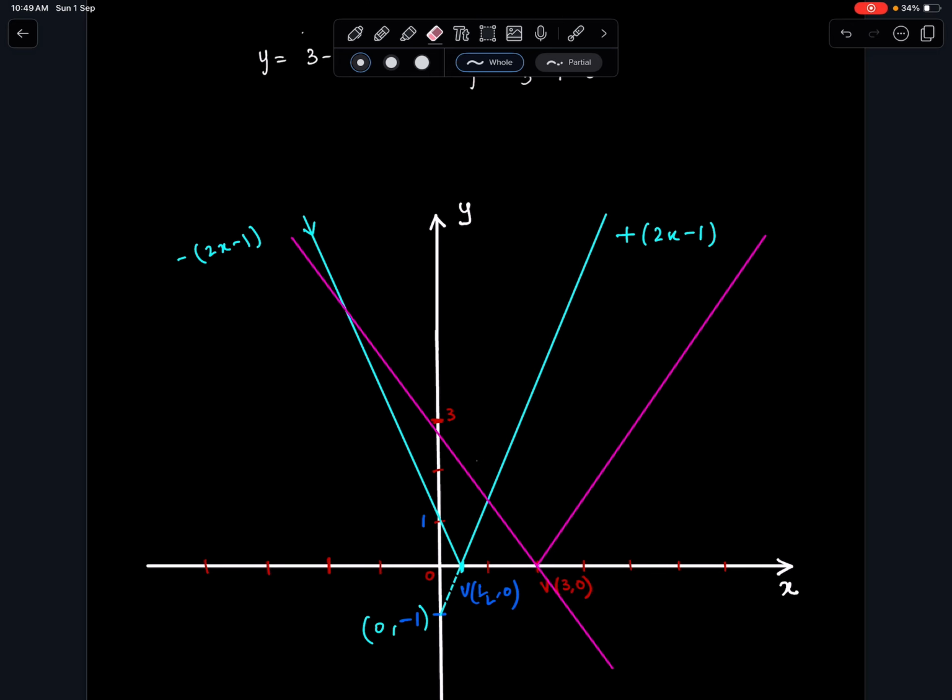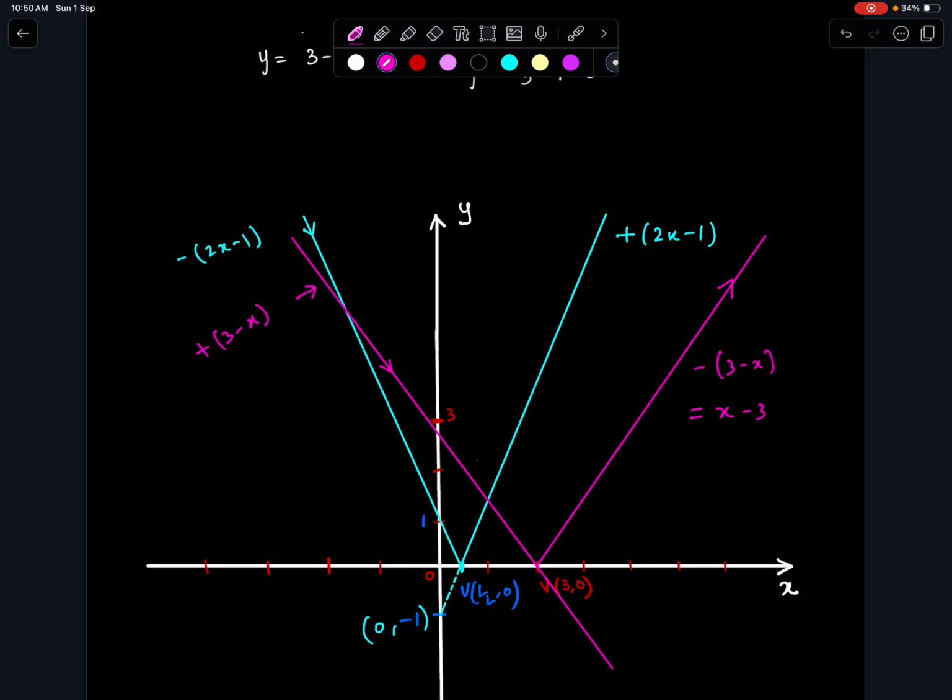So this is the negative part of 3 minus x. Why? Because when we solve this, we'll get x minus 3, and this line has positive gradient, and this is the positive part of 3 minus x. So make sure you write or label the equations correctly, because this line has negative gradient.